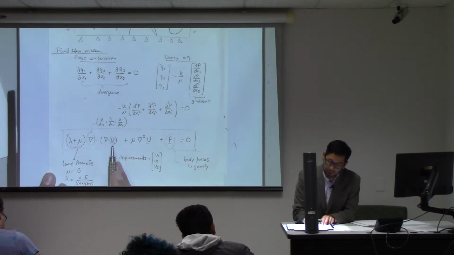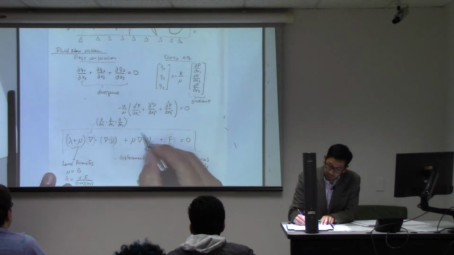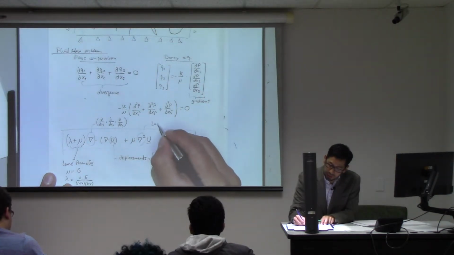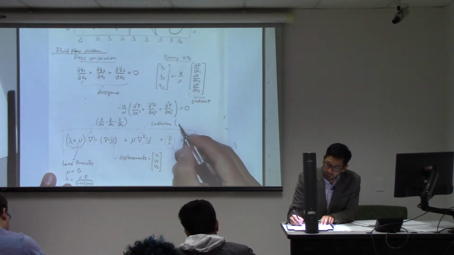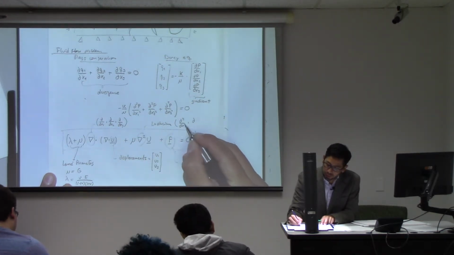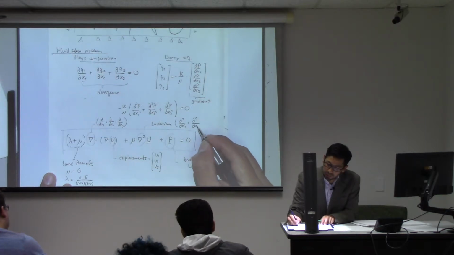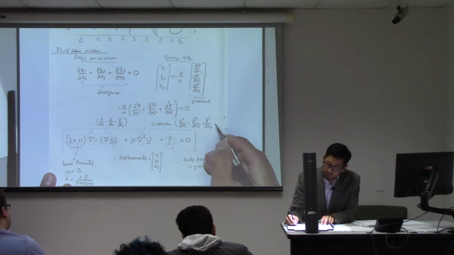This one is a divergence, and this one is what is called a Laplacian. And similar to that equation over there, now you have derivative two times. But those are just derivatives.